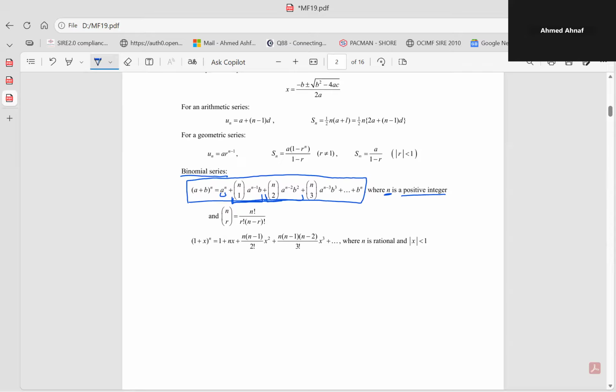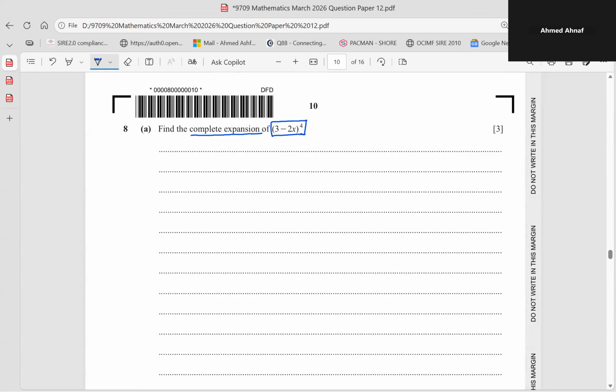And the power of b is what goes in here. So n choose 2, b squared, n choose 3, b cubed. Okay, so that's the general formula.